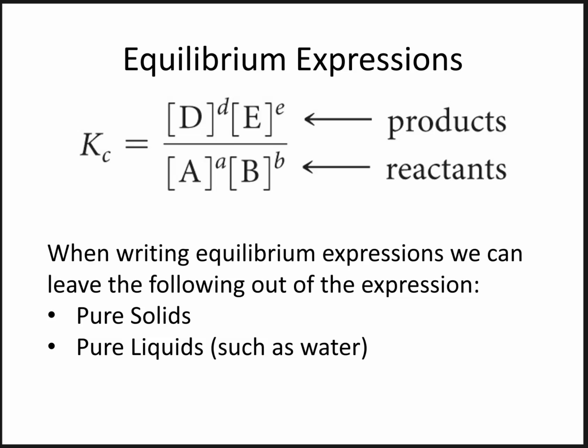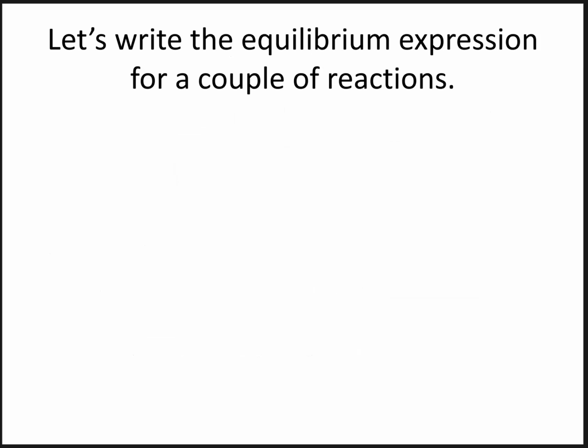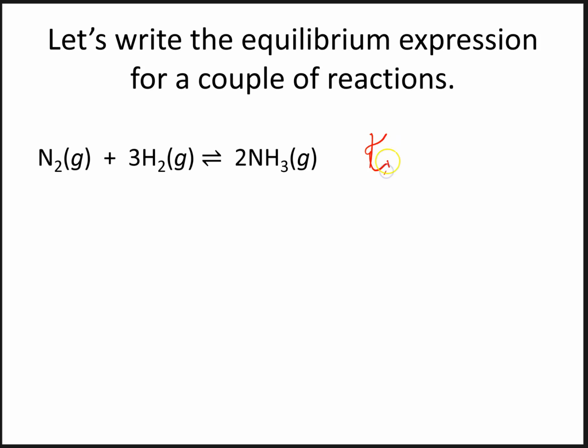So let's take a look at a couple of reactions and see if we can write the equilibrium expression for them. So here's Haber's reaction. Let's write it. We would write that the equilibrium expression, Kp, because this is a gas phase reaction, is equal to the pressure of NH3.